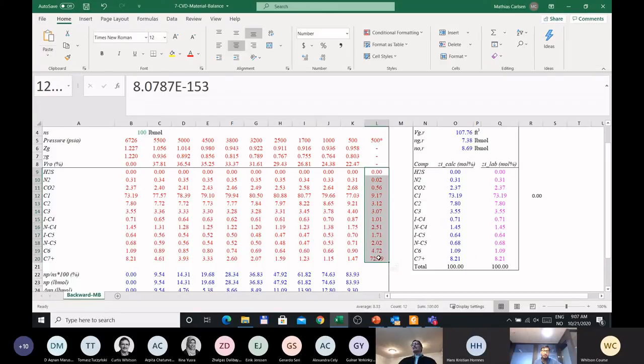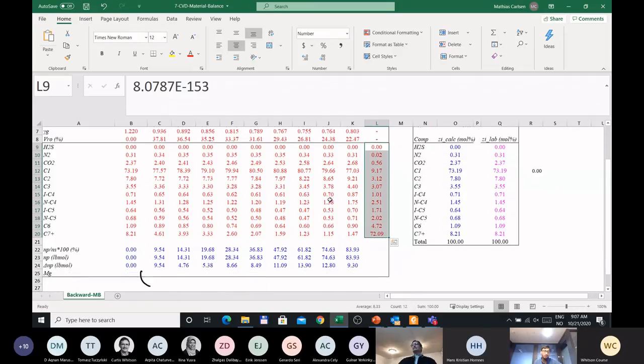So that's the composition of the residual oil or the equilibrium oil at 500 psi, and you don't get these measurements of the equilibrium oil composition at other pressure stages. It's only done at the last stage.